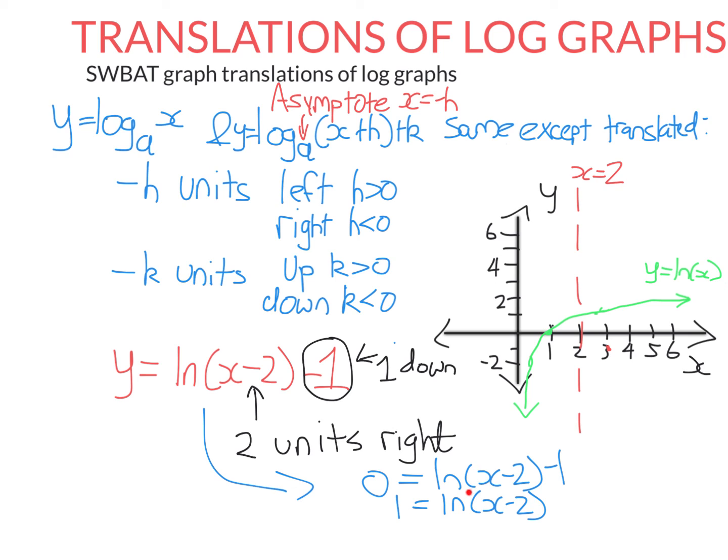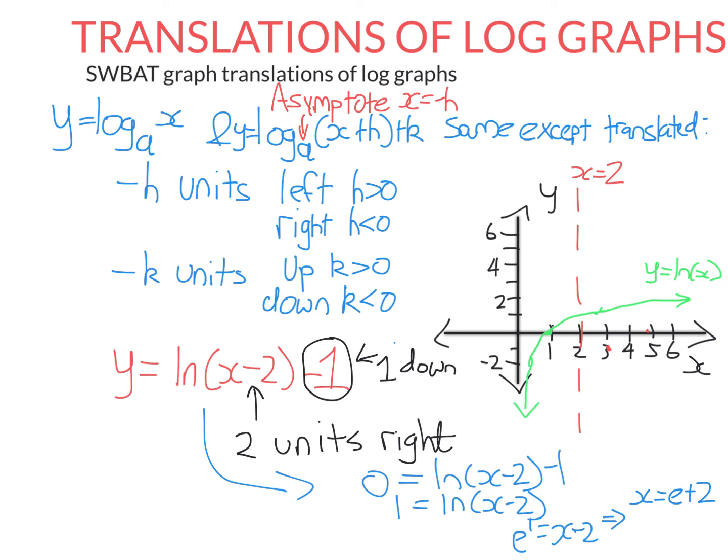So the way I undo log base e is raise each side to the power of e. So I get e to the 1 equals x minus 2. So that means if I add 2 to both sides, x is equal to e plus 2. And if you put that on your calculator, you get about 4.71. So the x-intercept is about here at 4.71.